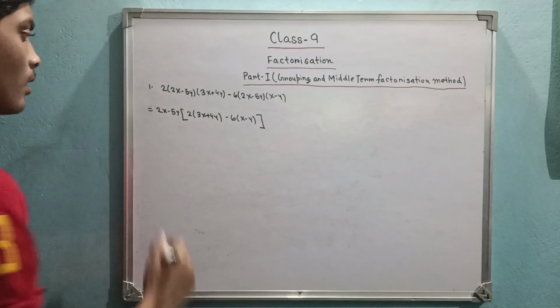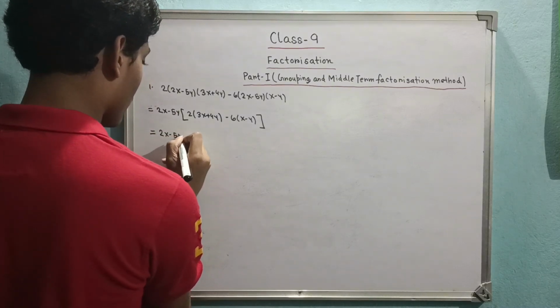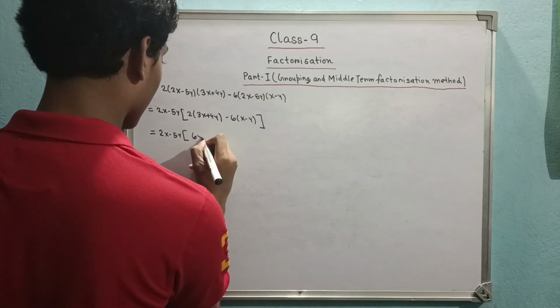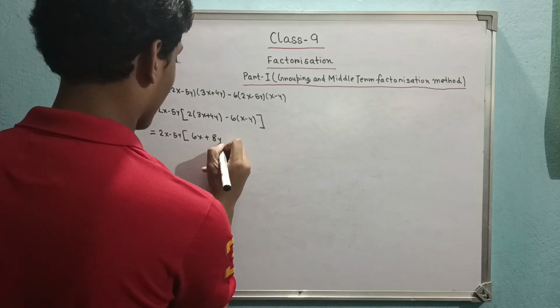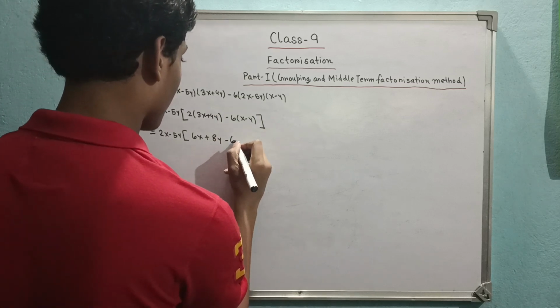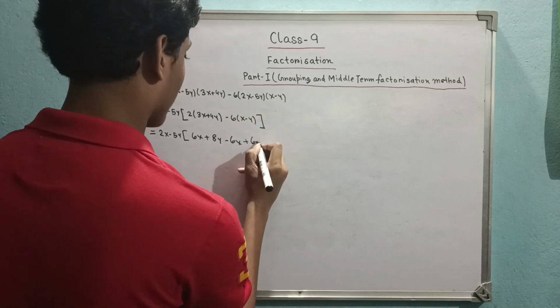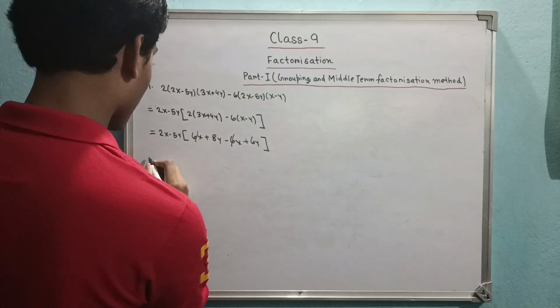Okay, simple. Now let us do equal to 2x minus 5y into 2 into 3 is 6x, 2 into 4y is plus 8y, minus 6 into x, minus into minus plus 6y. So we are done here. 6x minus 6x gets cancelled out.